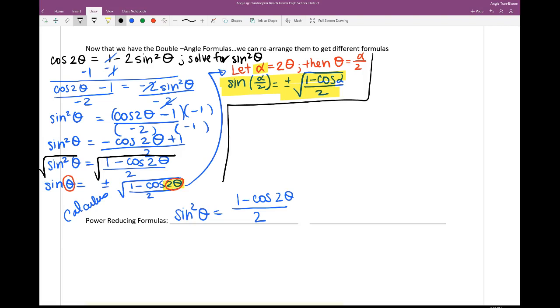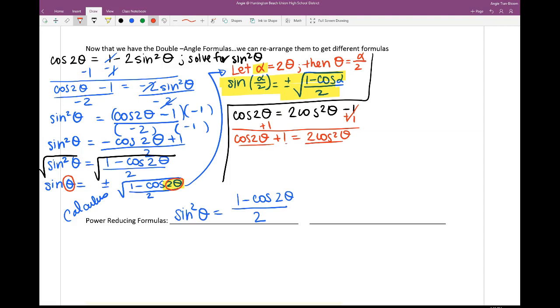So let's use the double angle for cosine. Here we go. Cosine of 2 theta equals, but this time I'm going to use the one that has cosine in it, okay? So I'm going to use 2 cosine square of theta minus 1. And I'm going to do the same thing. I'm going to solve for cosine square. So I'm going to add 1 to both sides. Okay, so now I have cosine of 2 theta plus 1 equals 2 cosine square of theta.